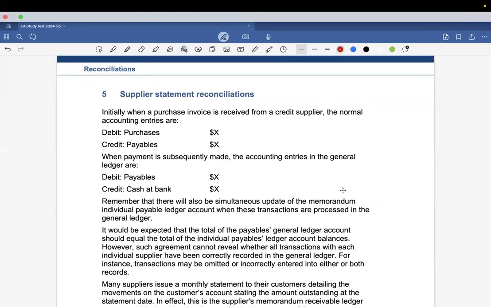Now, supplier statement reconciliation. When you buy goods on credit, you have a set of amounts being prepared by your company, right? And the supplier would have a different balance from us. On a monthly basis, they would send you the amount that is due from your company.